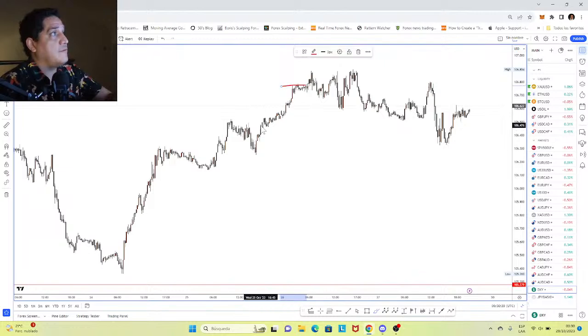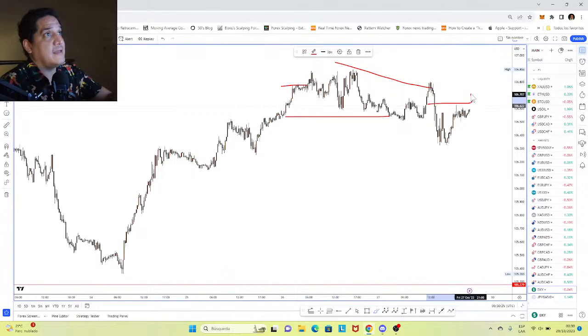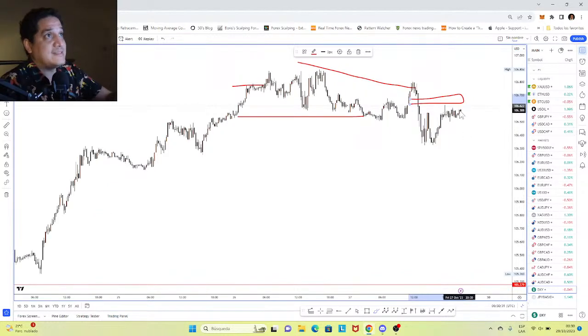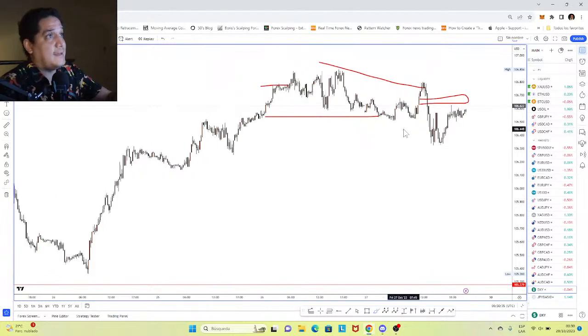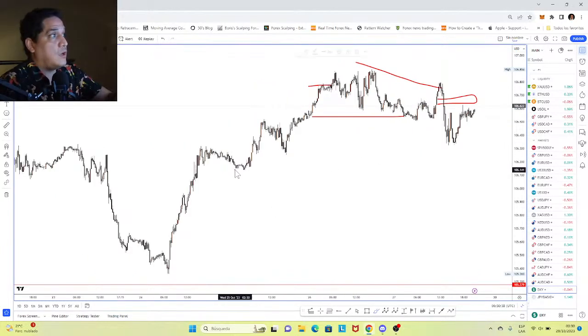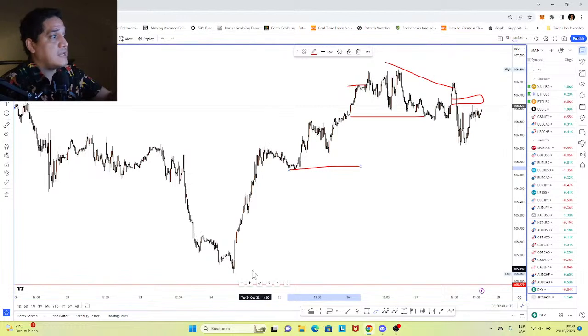If you notice, we have this break of the lows, failure to break with the highs, and here we have that inefficiency. Now, I don't know how the market is going to open, but depending on how it opens, this is where I'm going to look for shorts with stop losses above the highs, targeting first level, second level.